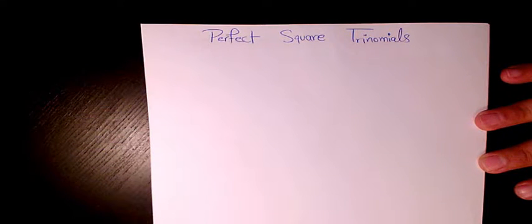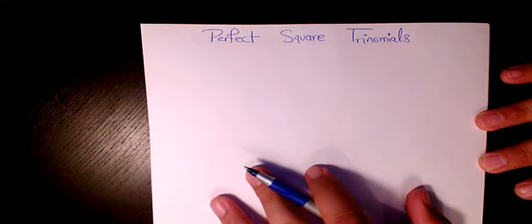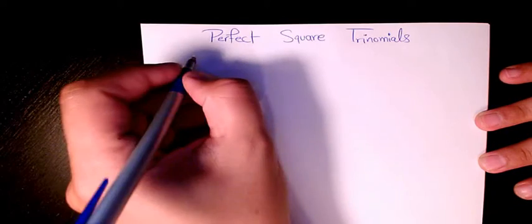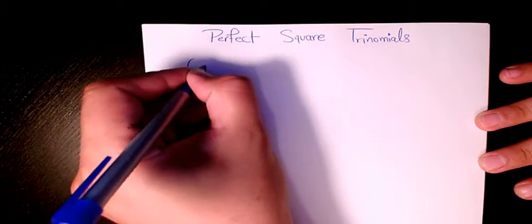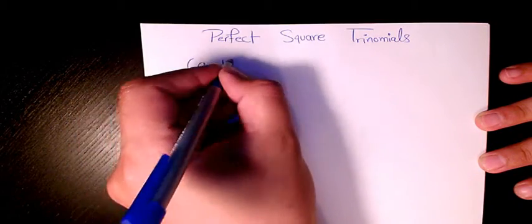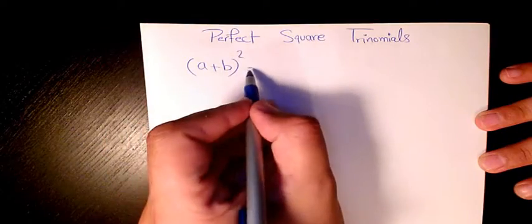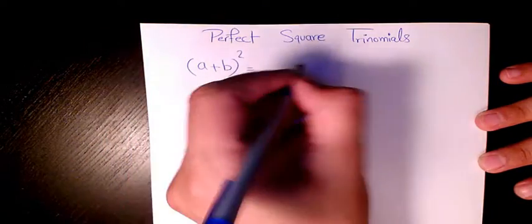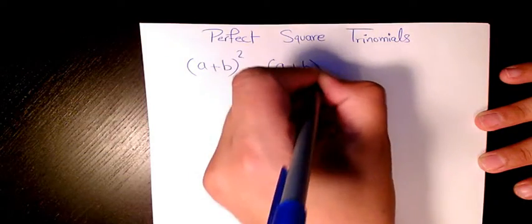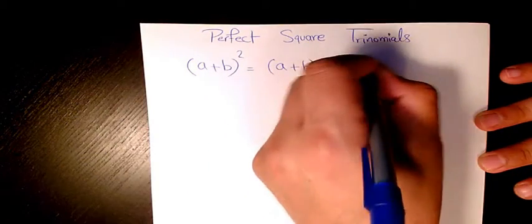Welcome to my channel. In this video I want to talk about perfect square trinomials. Suppose we have an expression (a + b)^2. If I want to expand it, it is (a + b)(a + b).